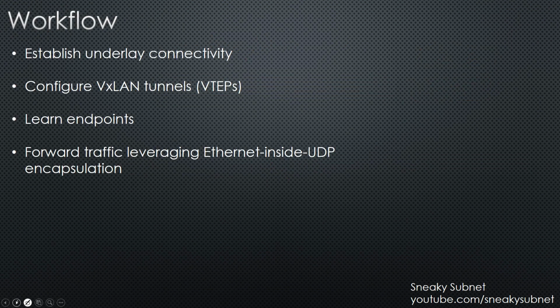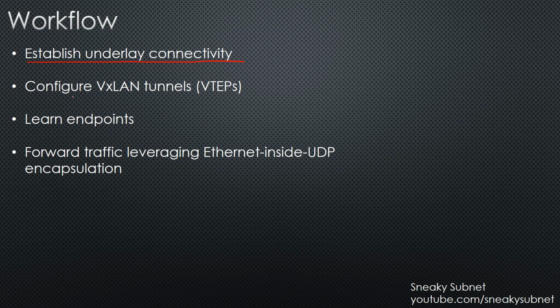And in the end, VxLAN is a solution, and finally we can start discussing VxLAN, how it works, and what our workflow for VxLAN is. In order to make VxLAN work, we need to go through the following steps. At first, we need to establish underlay connectivity.